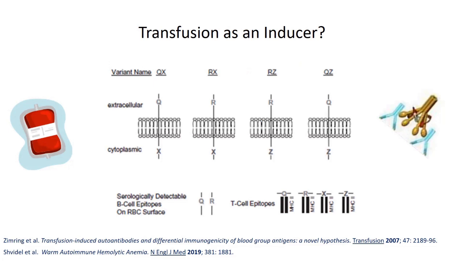In other words, this is to say that non-exofacial polymorphisms linked to an antigen presentation may drive immunogenicity even though antibodies don't land on the non-exofacial side of a cell.